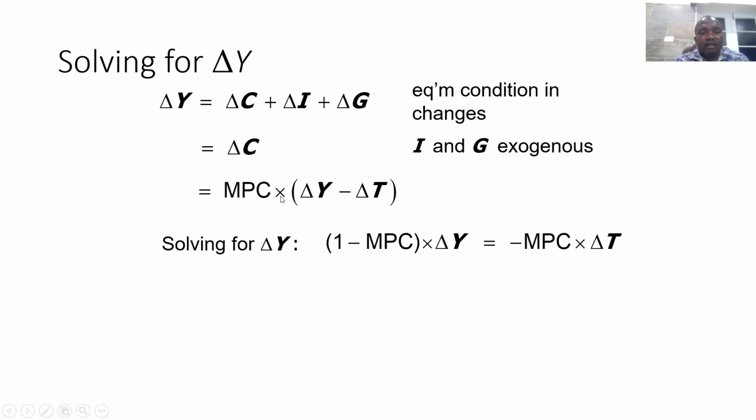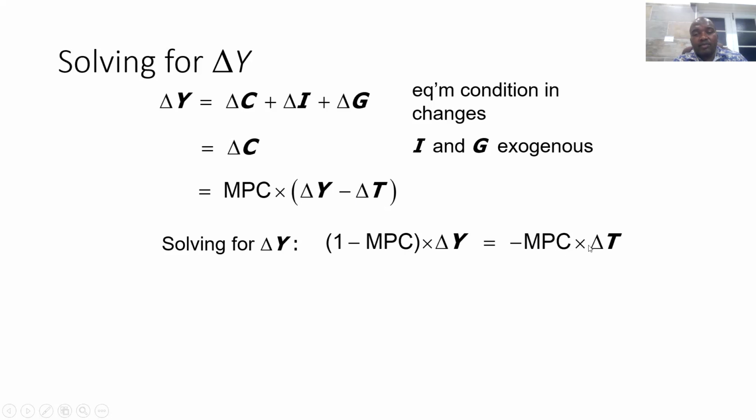We have MPC delta Y and MPC delta T. And then we take the term with delta Y to the other side, and then we factorize delta Y. We'll have (1 minus MPC) multiplied by delta Y, which is equal to the negative of marginal propensity to consume, because this taxation term has got a negative sign.